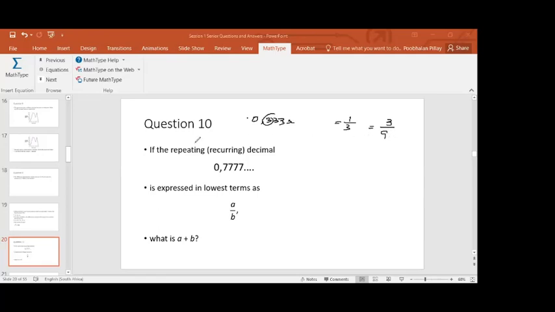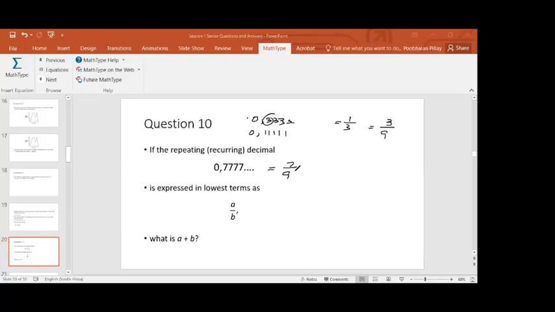So this number is 7 over 9. If 3 over 9 is 0.3333, then 1 over 9 is 0.1111, and therefore 7 over 9 will be 0.7777, and so on.